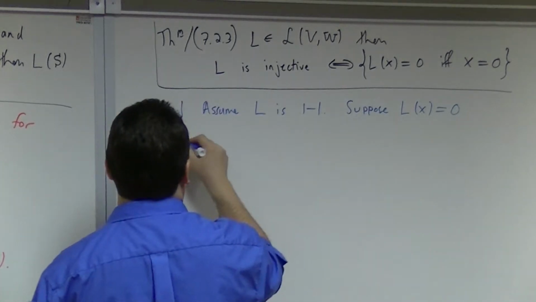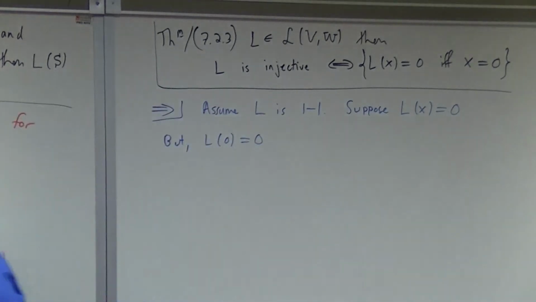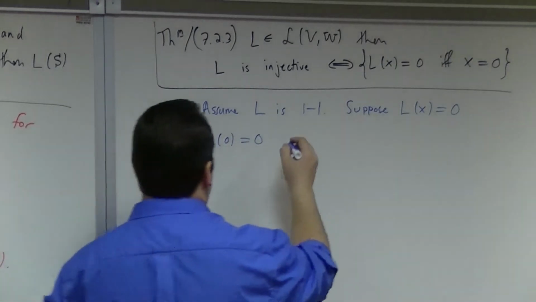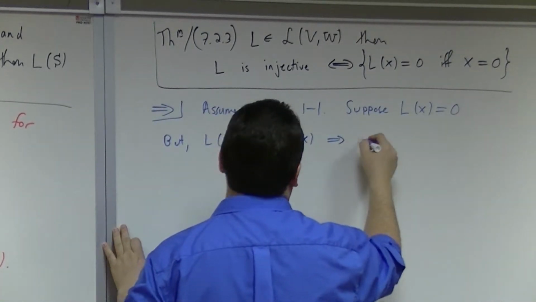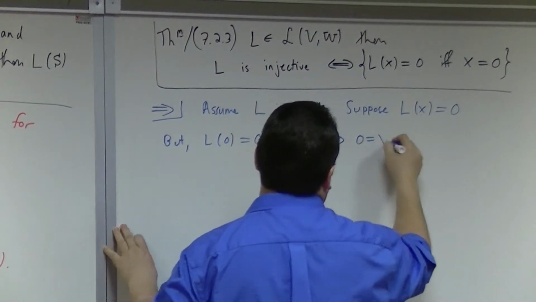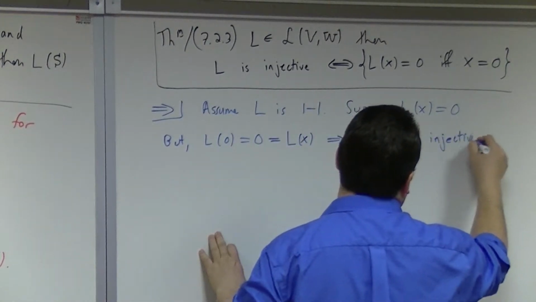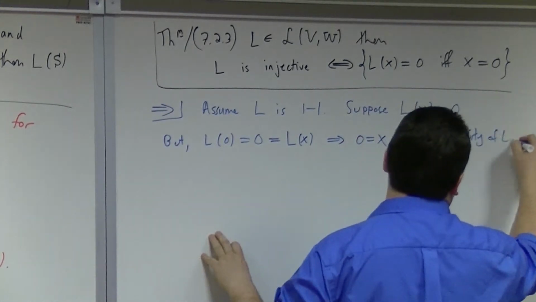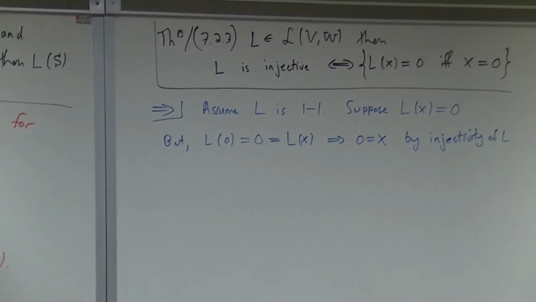But L of 0 is equal to 0, first thing we proved today, right? So we have L of 0 is equal to 0, but 0 is also equal to L of x, which implies that 0 is equal to x by injectivity of L. And that proves the forward direction of the claim.